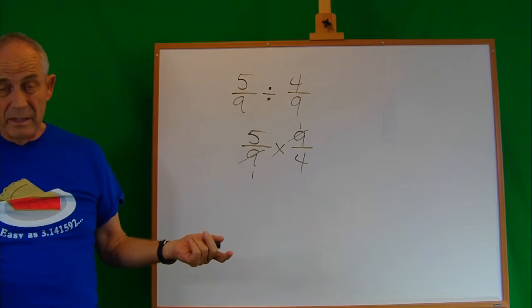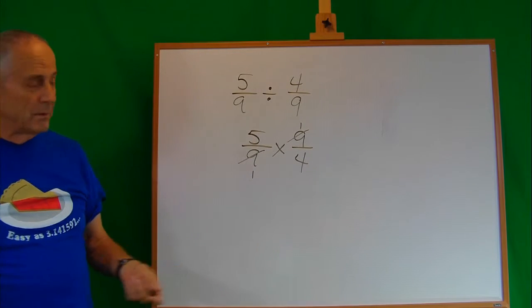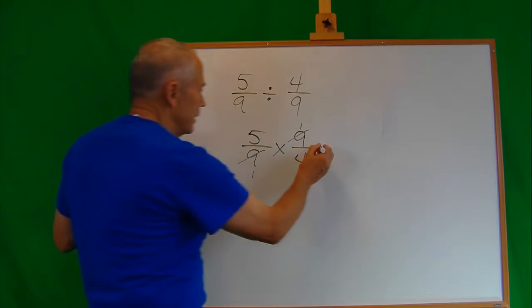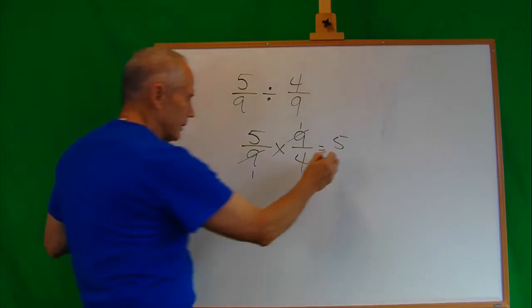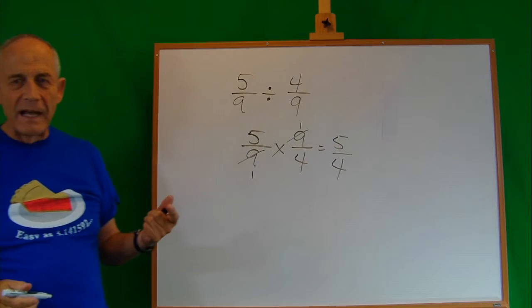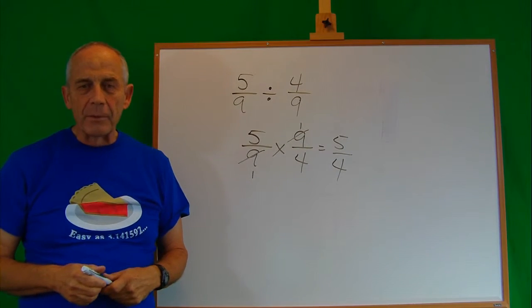They don't have anything in common. So now I'm just going to do my multiplication. Numerator times the numerator, 5 times 1 is 5. 1 times 4 is 4. So 5/9 divided by 4/9 is equal to 5/4.